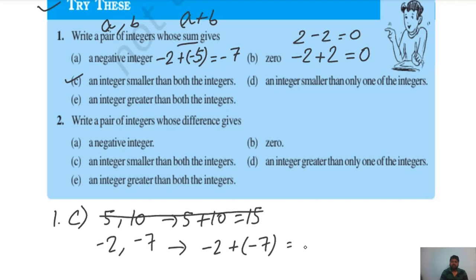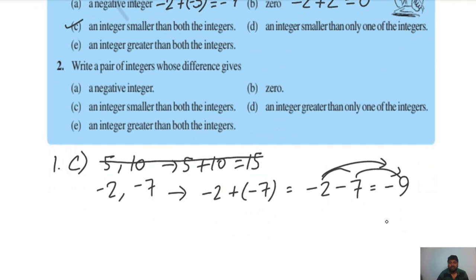Since there is summation, minus 2 minus 7, this is called minus 9. So minus 9 is smaller than minus 2 and smaller than minus 7. Okay, so this is true. So we can take this kind of numbers.